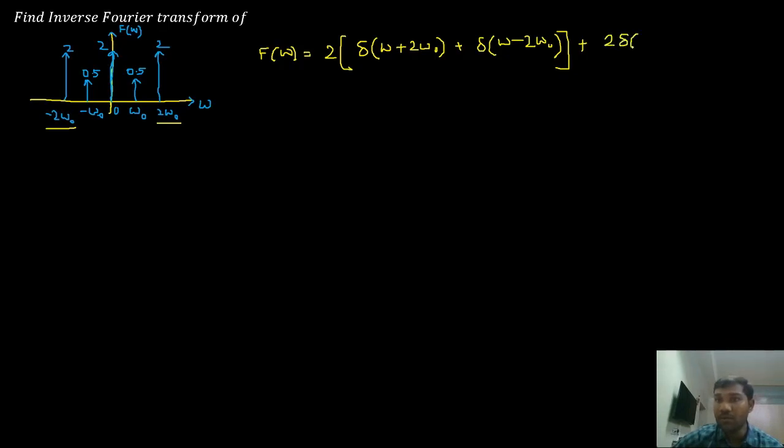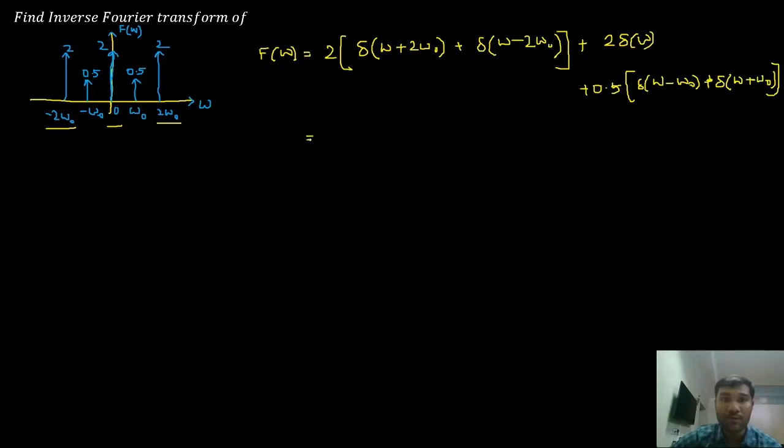So 2 into delta of omega. So I have completed 3 different impulses. Now I have another 2 different impulses. So plus 0.5 is the strength, and I have 2 impulses, one at omega naught and the other one at minus omega naught. So delta of omega minus omega naught plus delta of omega plus omega naught.